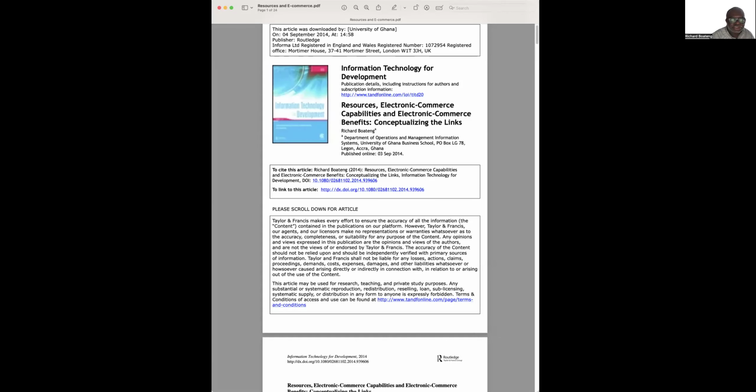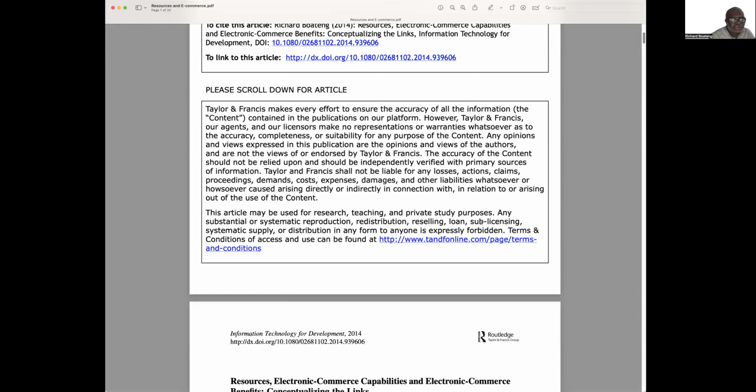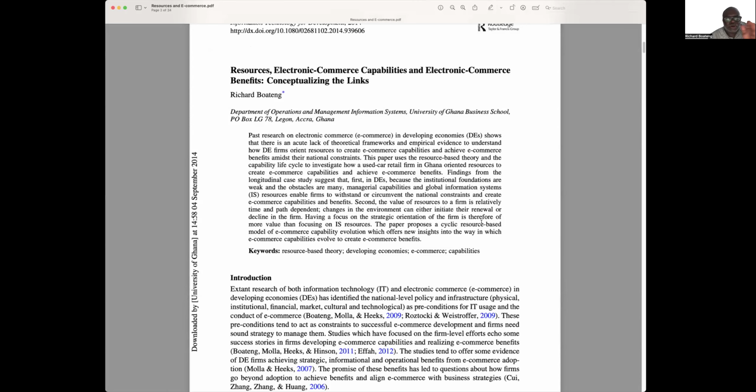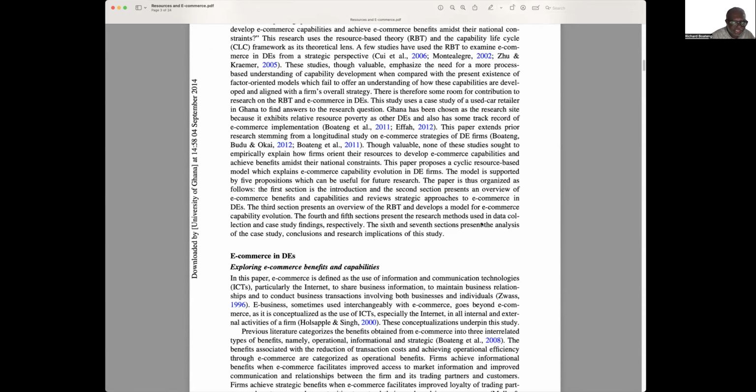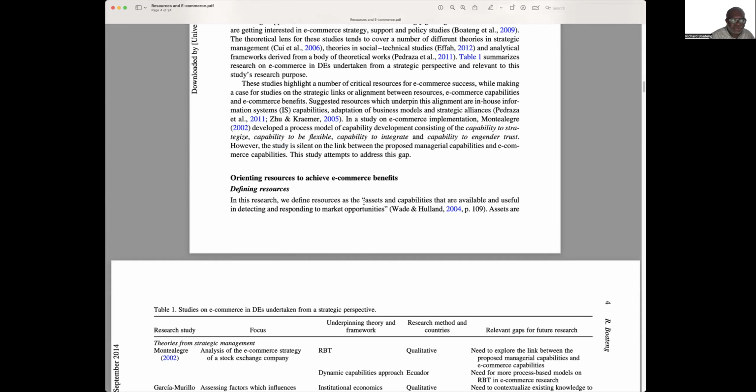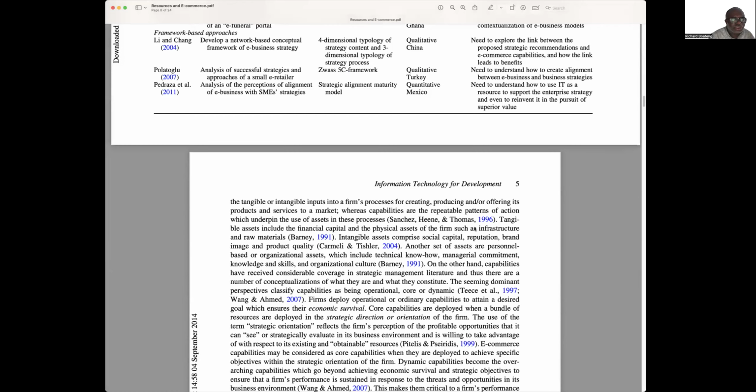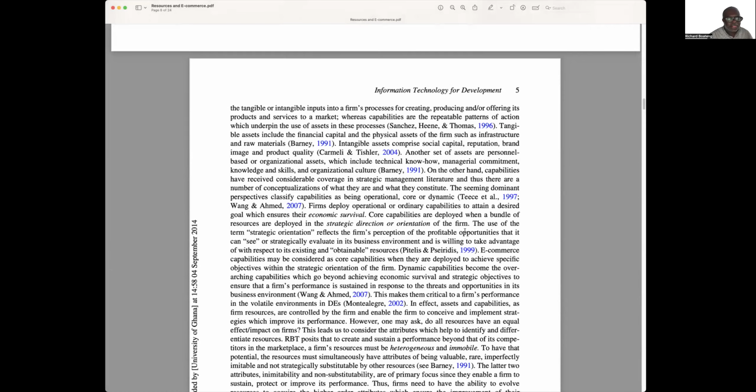The paper here was written some time ago, in 2016. Resources, Electronic Commerce Capabilities, and E-commerce Benefits: Conceptualizing the Links. So if you look at the paper carefully, we talked about defining resources. Then we go on to talk about what the resource is. And then we talked about the fact that firms have different opportunities in society.